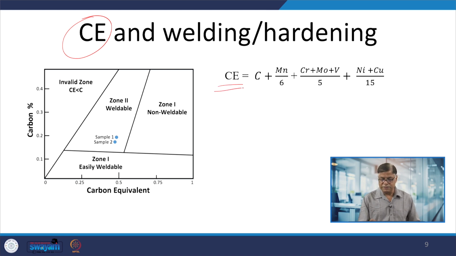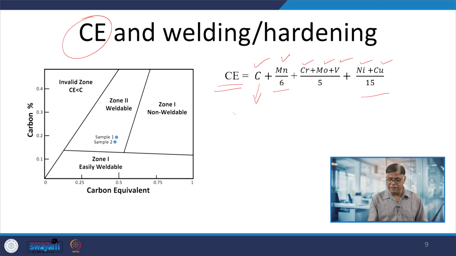What it accounts for is the carbon weight percentage as it is, then manganese weight percentage divided by 6, chromium, molybdenum and vanadium, the sum of all these three elements divided by 5, and weight percentage of nickel and copper divided by 15.